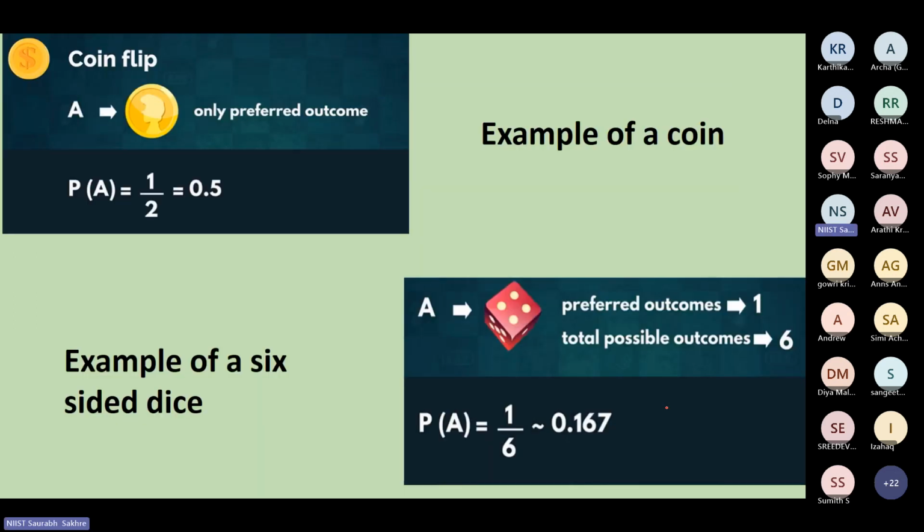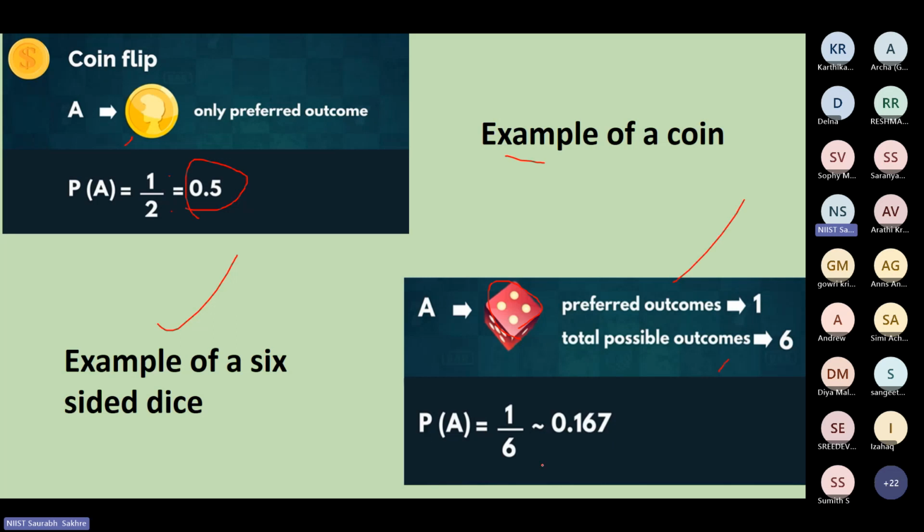In the example I just told you, flipping a coin, suppose I want heads only. P of A will be 1 by 2, equal to 0.5 or 50%. And suppose I have a six-sided dice, a cube. I want four on that dice, and the total possible outcomes are six. So the preferred outcome is one, out of six possible outcomes.